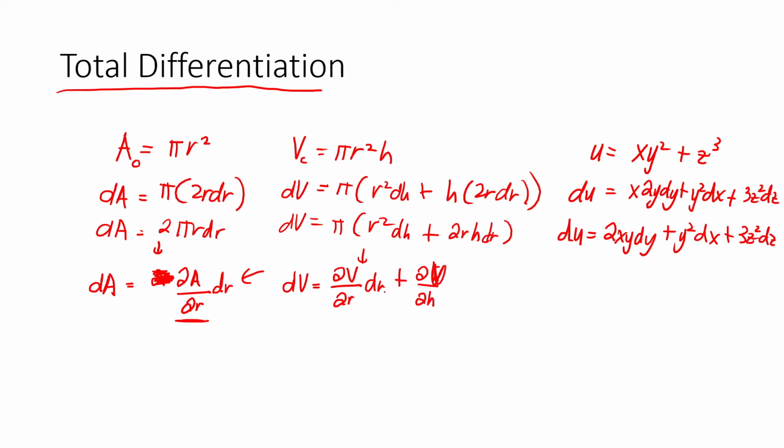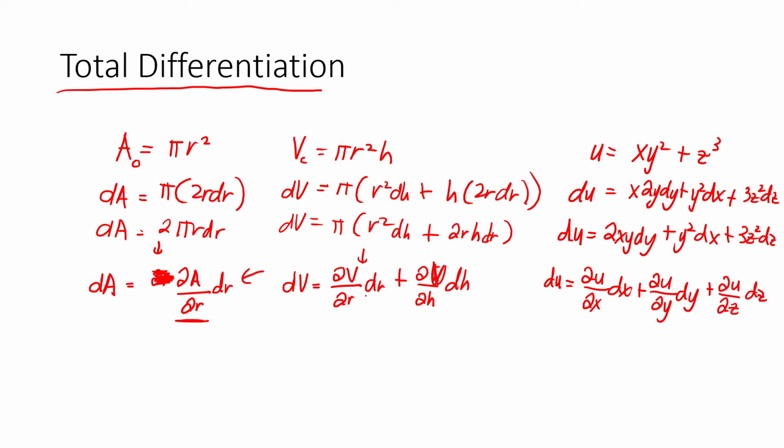Always the variables are at the bottom. Then, dh. In the last one, du will be equal to partial differential of u with respect to x, dx, plus partial differential of u with respect to y, dy, plus partial differential of u with respect to z, dz.